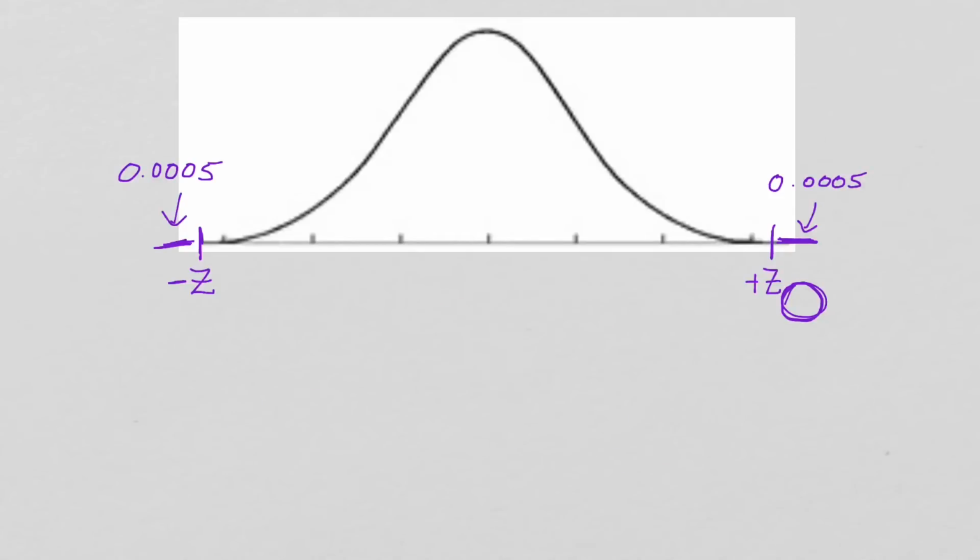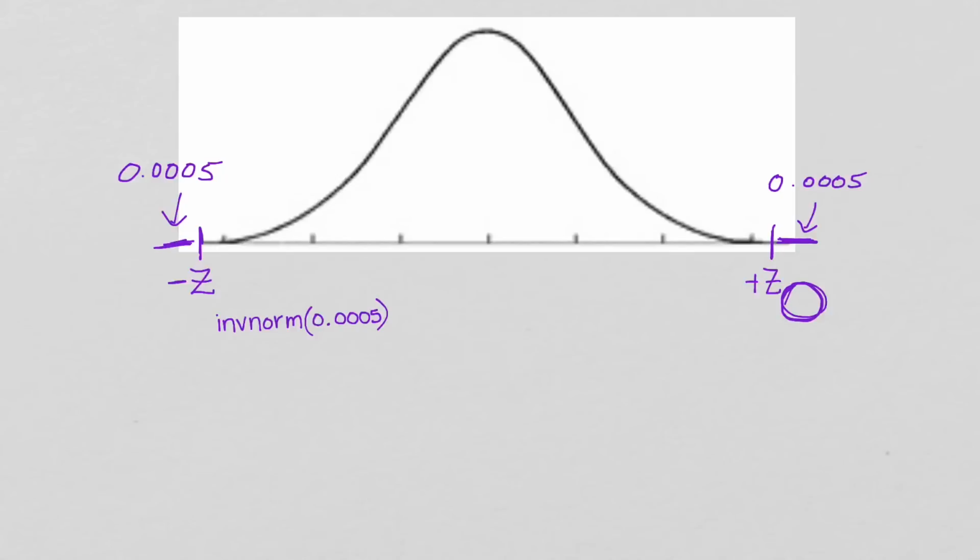Now, in order to find the z value, what I'm going to do is I'm going to use the inverse norm function in the calculator. And I'm just going to go ahead and put in 0.0005.